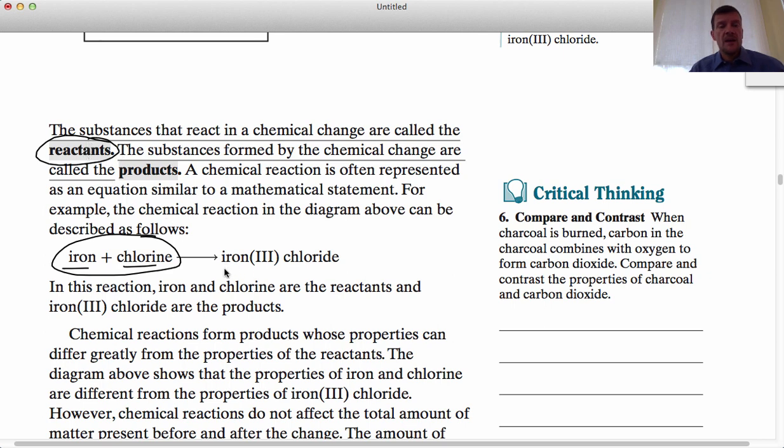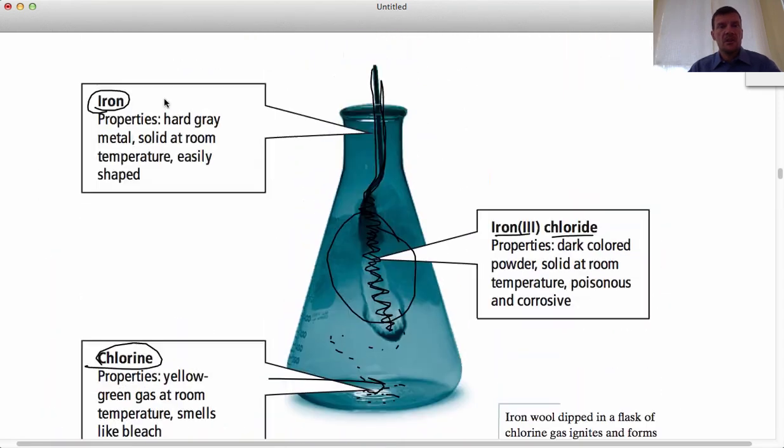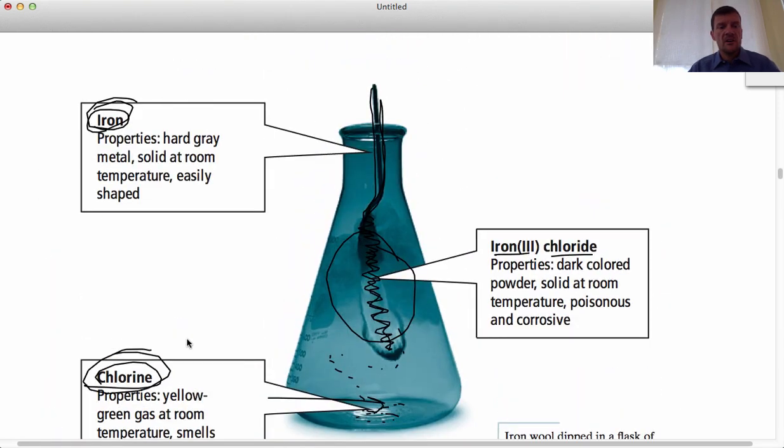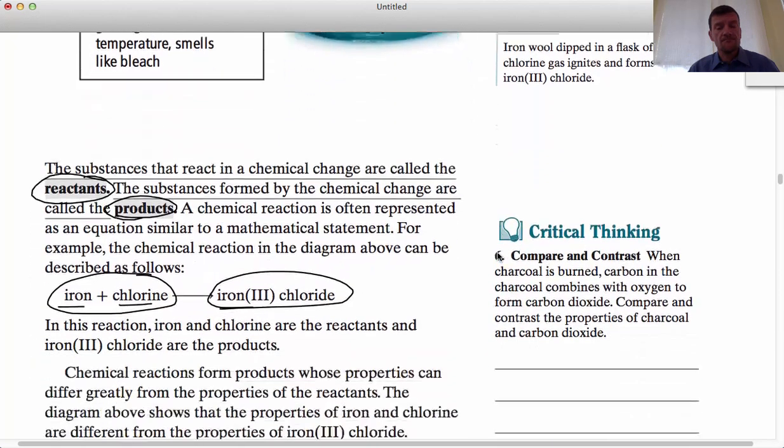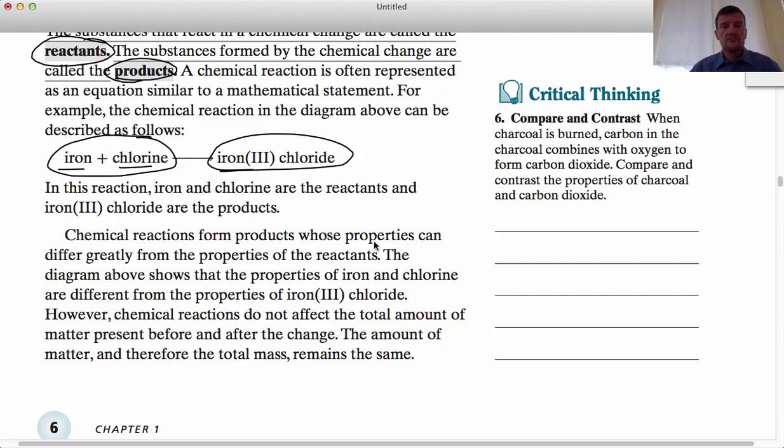And then the object or objects, the chemicals that you have after the reaction, those are called your products. So in this case, in our diagram up here, iron and chlorine are your two reactants. They're brought together. They were separate before. You brought them together, introduced them to each other. They react and form a product called iron 3 chloride.